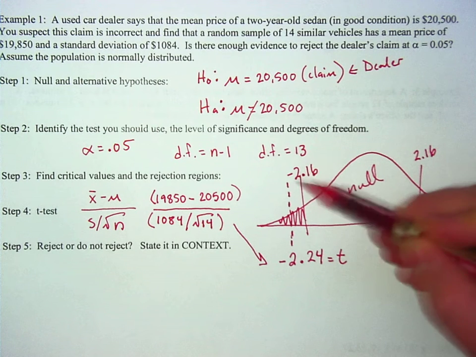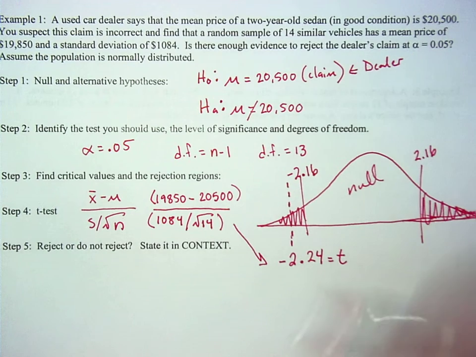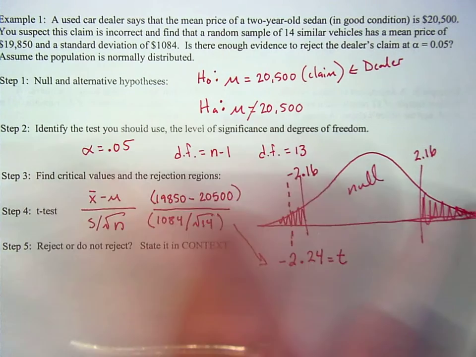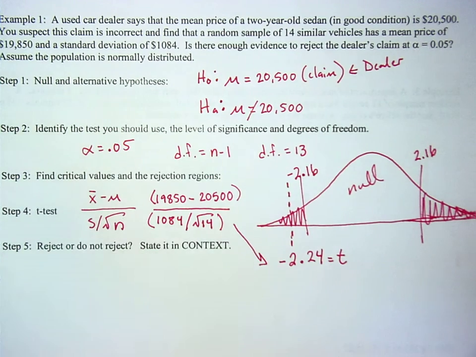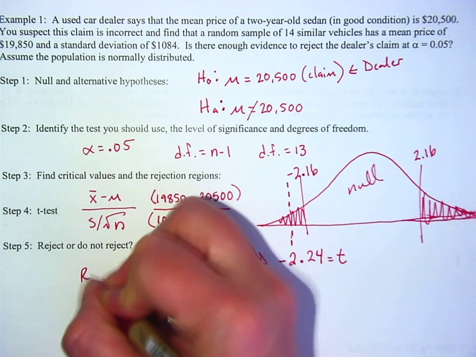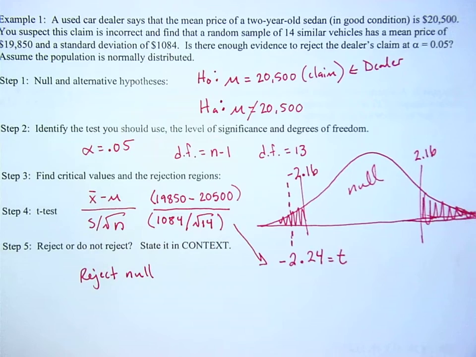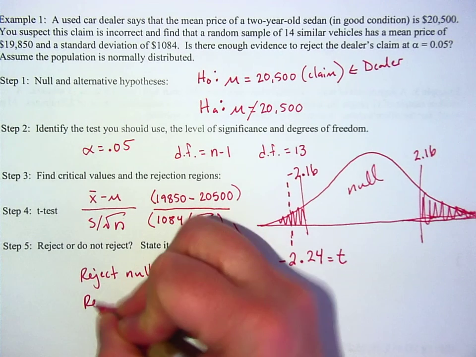Because our line was negative 2.16. It hit over here, so what does that mean? These are the rejection regions. So if it hits inside these regions, we've got to reject the null, which is the first thing we think about. So we're going to reject the null, which in this case means what for the claim? Reject the claim too.